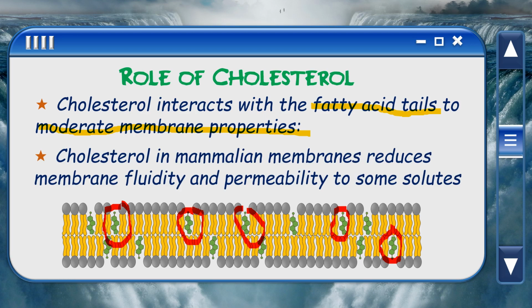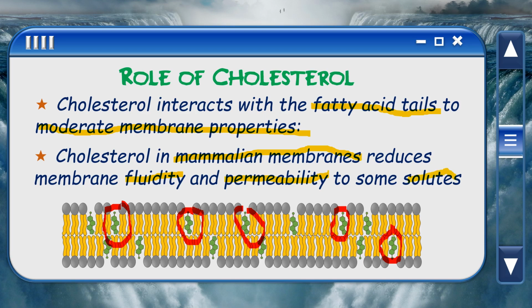Cholesterol in mammalian membranes reduces the membrane fluidity and permeability to some solutes.